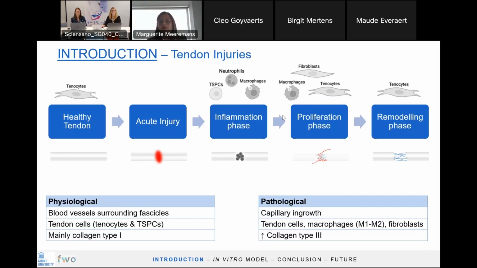Then in the final remodeling phase, this collagen type 3 should be replaced by collagen type 1, and these collagen fibers should be realigned. However, in adults, this process is never completely completed, and therefore scar tissue remains and the tendon is more vulnerable to re-injuries, and we see reduced performance in both humans and horses.